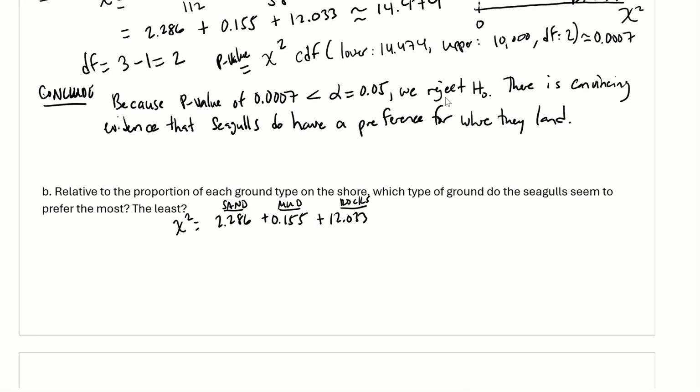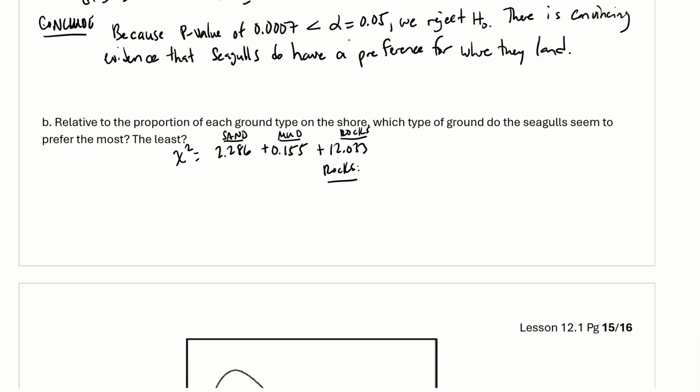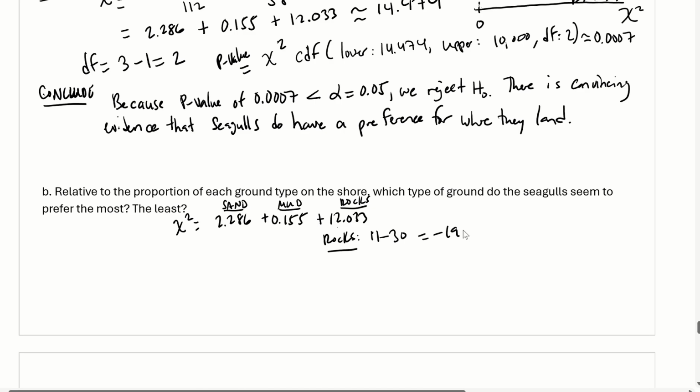Okay, so now if you just look at the chi-squared, you would think, oh, this chi-square is bigger, so they prefer the rocks. But no, remember that the difference there was negative, right? For the rocks, if you recall, it was 11 minus 30, which was negative 19. So we have a 19 drop, right? Relative to the proportion of each ground type, that's 19 out of 30. That's a good chunk right there.